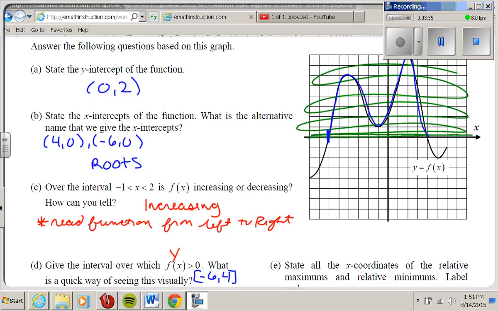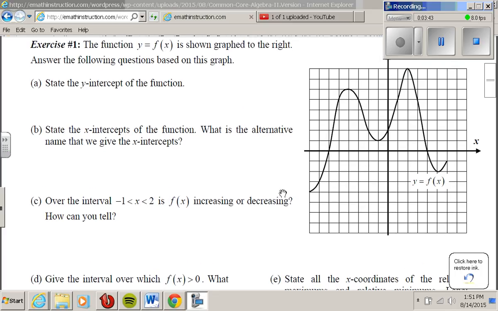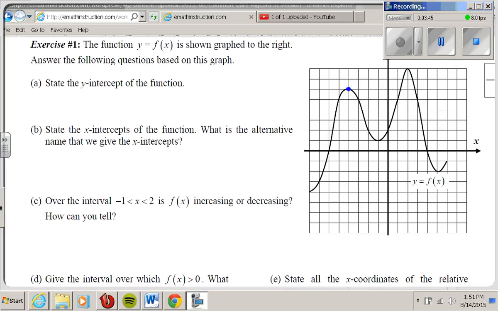State all of the coordinates of the relative maximums and the relative minimums. Label each of them. Okay, relative max, relative min. There's my mins and my maxes, right? My relatives are going to be those that are not the highest or not the lowest.